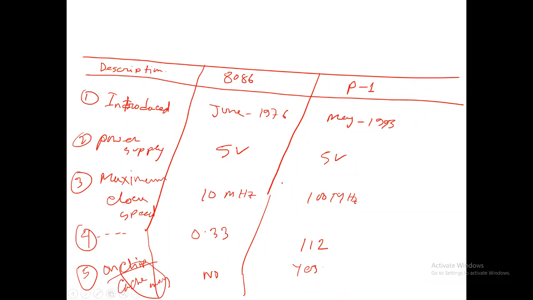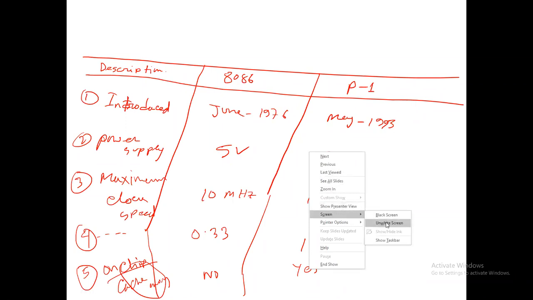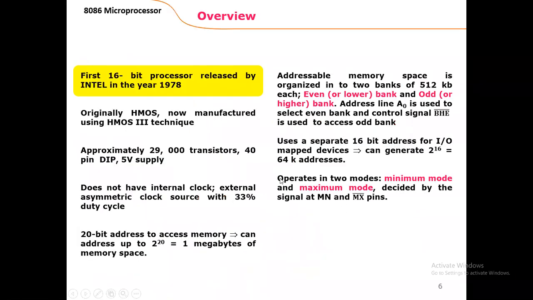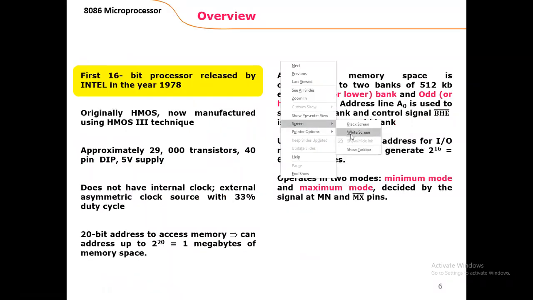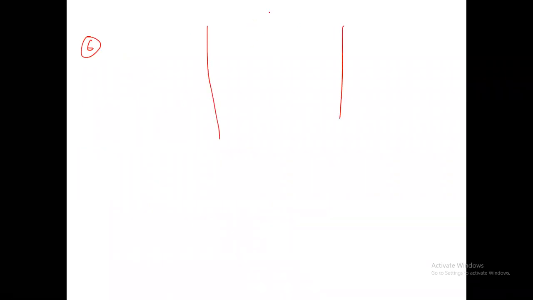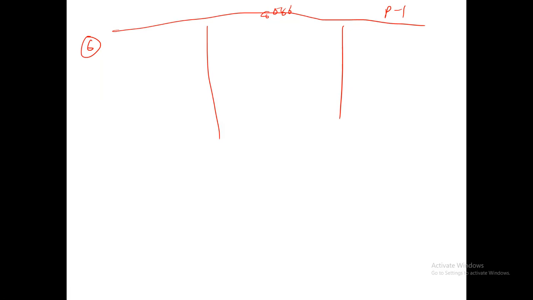Then number 6. Number 6 is the number of transistors.